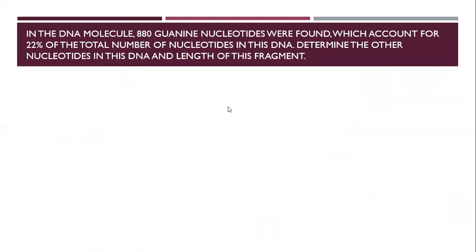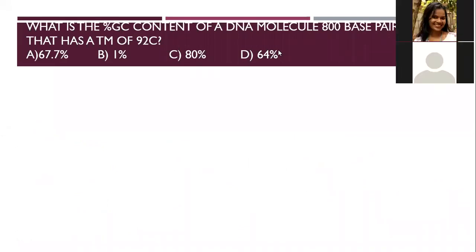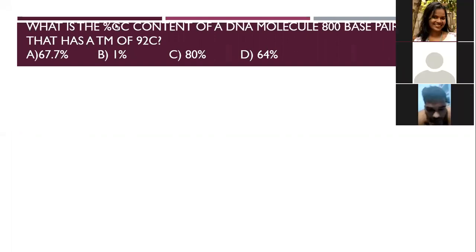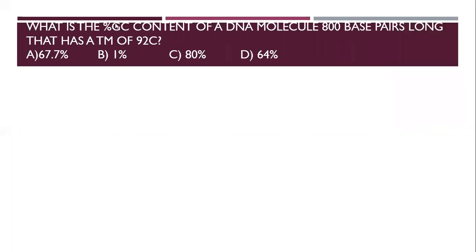Yes, ma'am. Now, what is the GC content of a DNA molecule 800 base pairs long that has Tm of 92 degrees Celsius? Again I'm writing the formula over here.